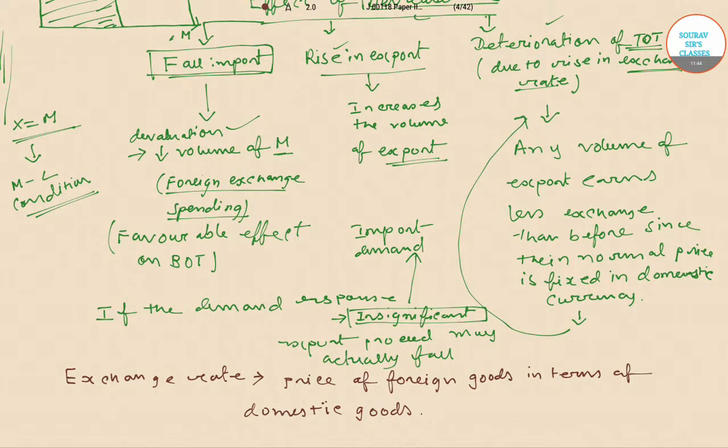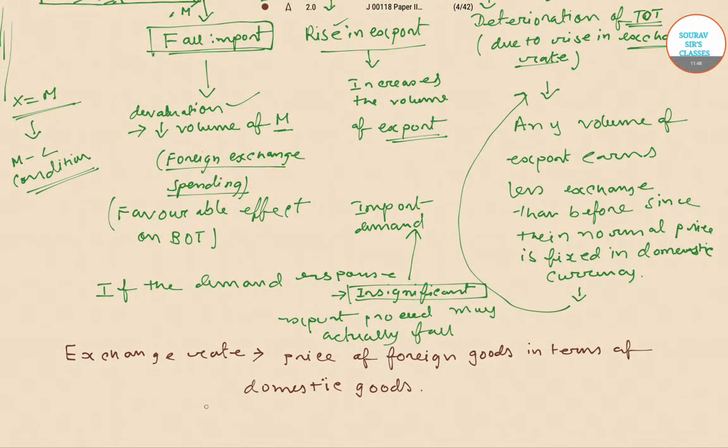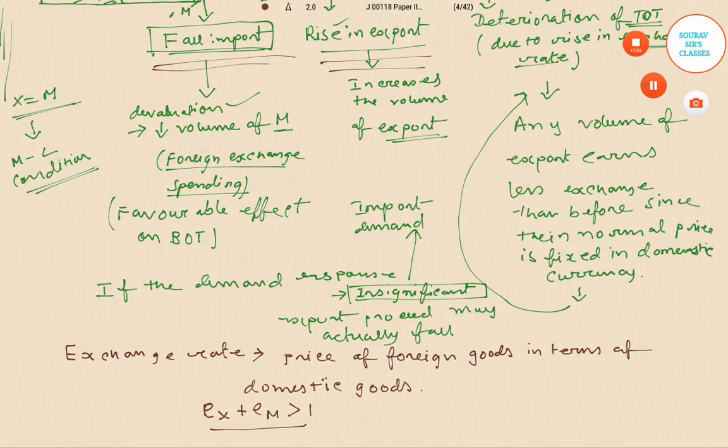So the condition for successful devaluation would be: elasticity of export plus elasticity of import must be greater than 1. Here EX and EM are the elasticity of demand for export and import.